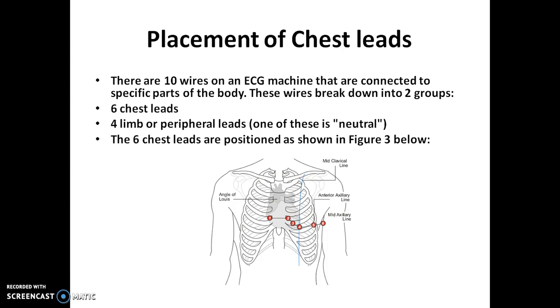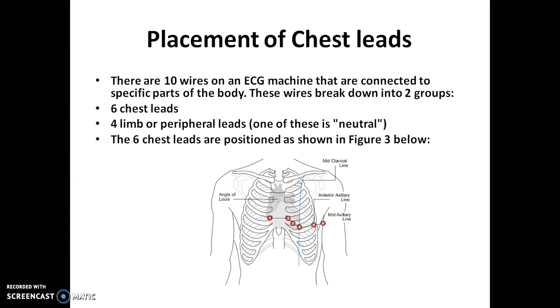How the electrodes, or the chest leads, are placed, we are now going to see. There are 10 wires on an ECG machine that are connected to specific parts of the body. These wires break down into two groups: 6 chest leads and 4 limb or peripheral leads.